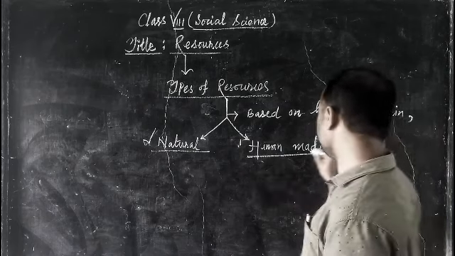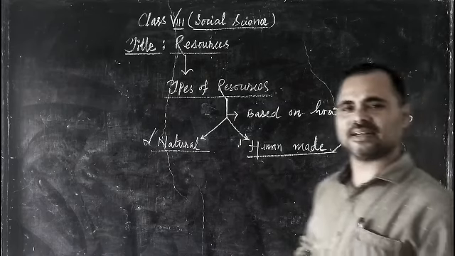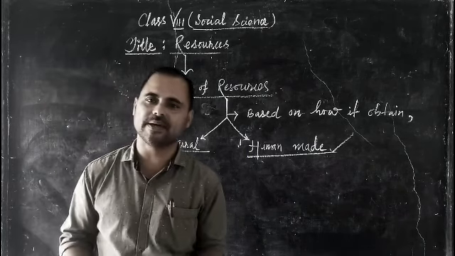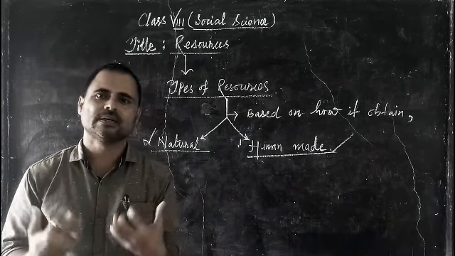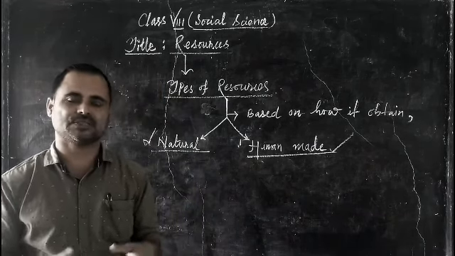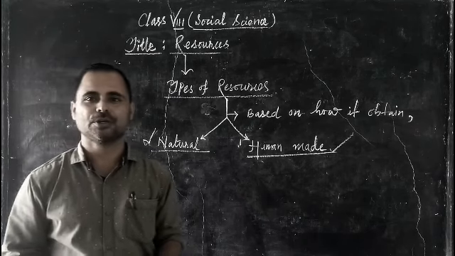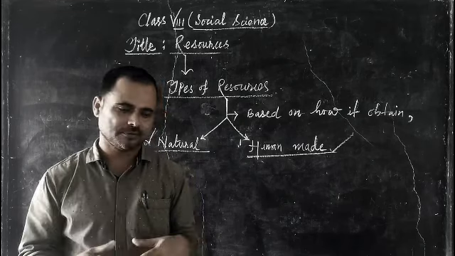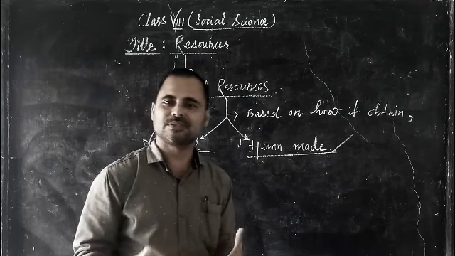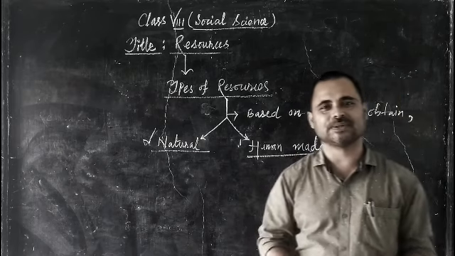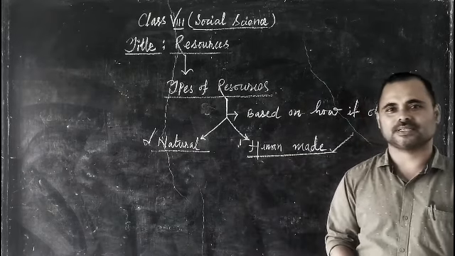Another is human-made resources. There are some kinds of resources which are modified by us for our comfortable living or to satisfy our needs. These kinds of resources are called human-made resources. For example, are you using a cell phone these days to do your studies?